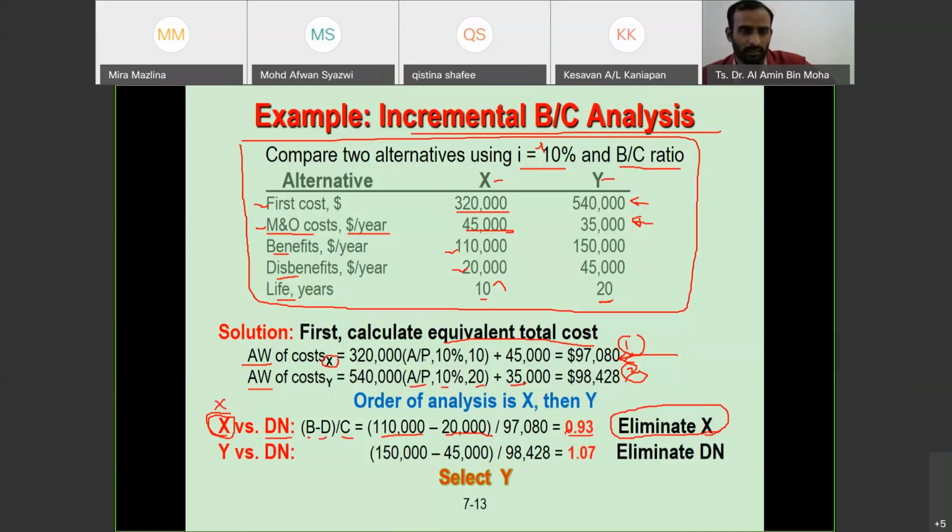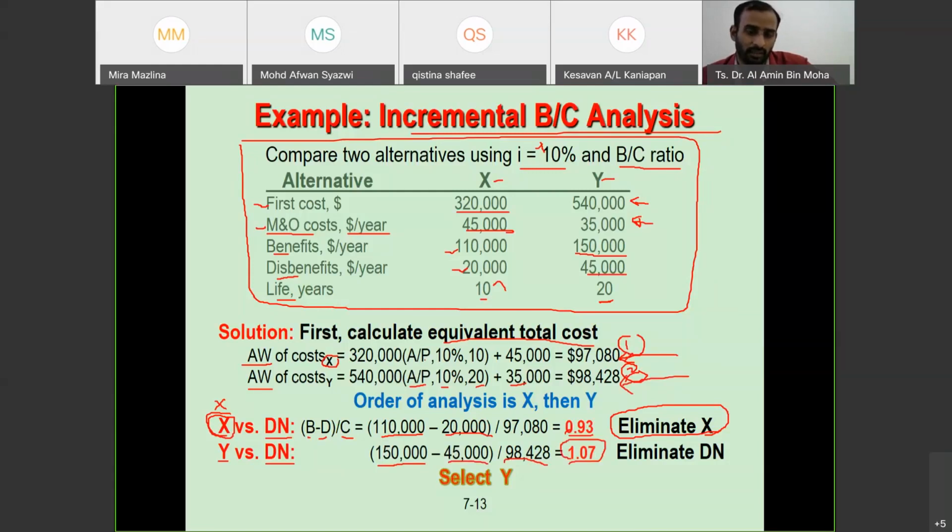So next is Y. Y is the challenger, against do nothing. 150,000 here is the benefit, minus the disbenefit, 45,000, and then divided by the cost. We already calculated the equivalent cost here. So we got 1.07.